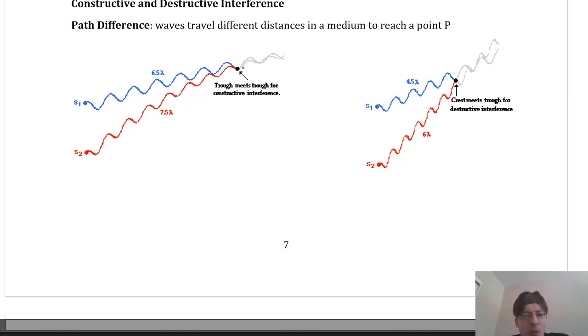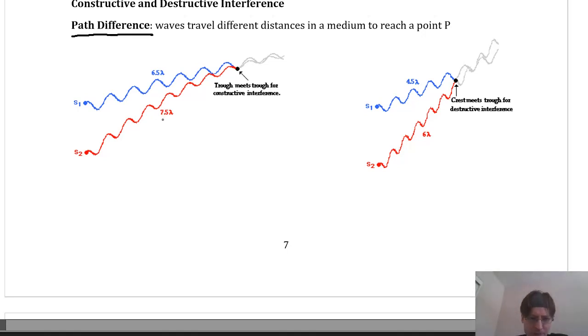That means that when they arrive there, although the waves have traveled a different distance, the difference in path that they took amounts to just a wavelength path difference. So what's important is the path difference between the two sources.